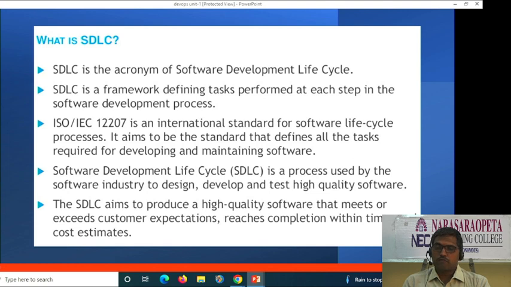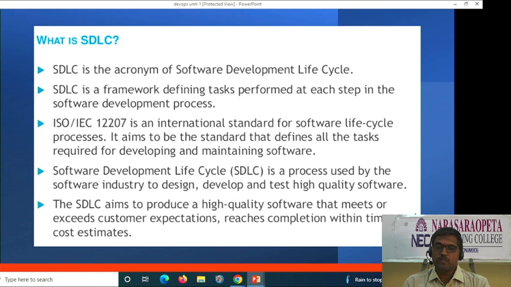It is a framework they have defined as the tasks performed at each step in the software development process. In each and every step, a lot of tasks and processes are involved in your SDLC. ISO/IEC 12207 is an international standard for software life cycle processes.